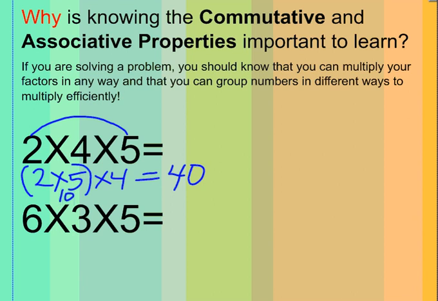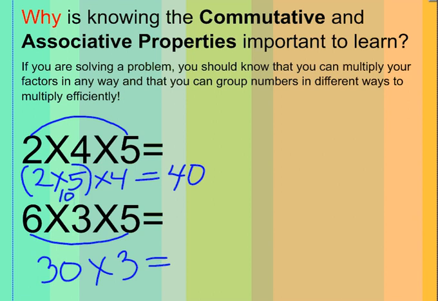If I look at the problem below it, 6 times 3 times 5, I might use the commutative property and say, I know that 6 times 5 is 30, right? And if I multiply that by 3, again, I have a multiple of 10, which is easier.